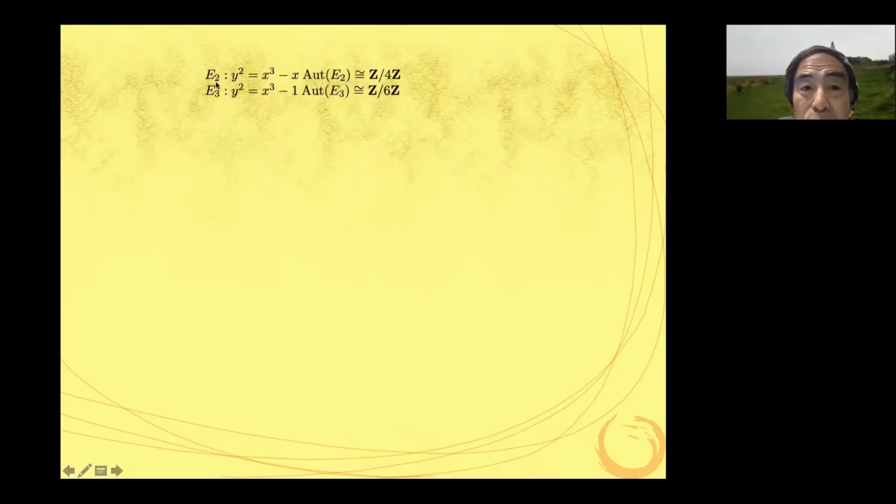We consider two special elliptic curves. E2 is the elliptic curve defined by this equation, and its automorphism group is isomorphic to Z over 4Z. And we denote by E3 the elliptic curve given by this equation, then the automorphism group of E3 is given by this.